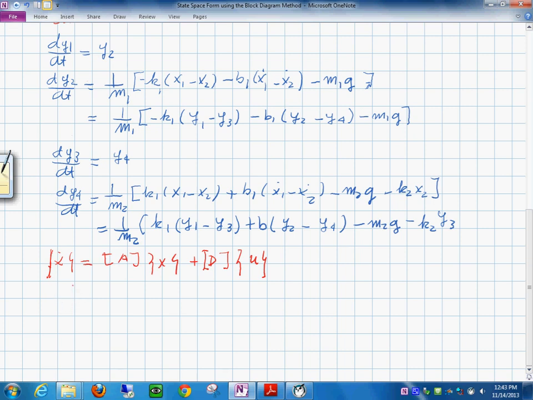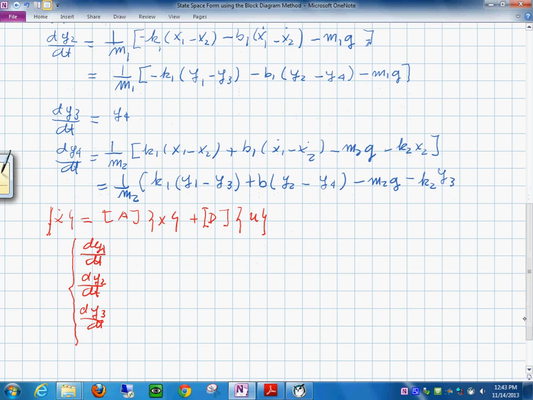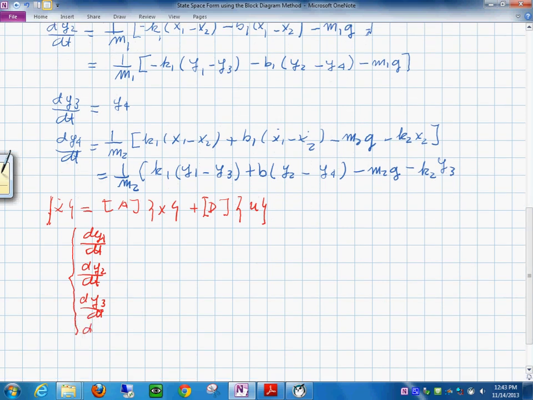So I need to make a vector of the derivatives, where the first derivative is dy1 dt, the second one is dy sub 2 dt, this is dy sub 3 dt, and then of course dy sub 4 dt. There we go.